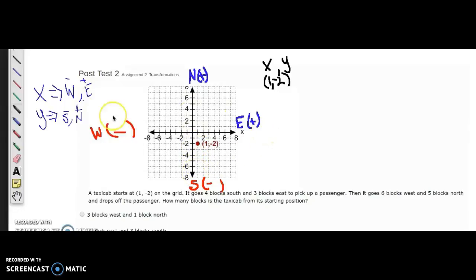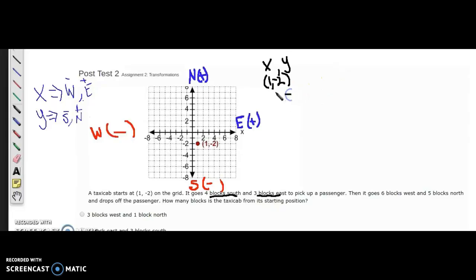So if our starting point is (1, -2), and the first thing we do is go 4 blocks south, 3 blocks east. We'll start with the x.